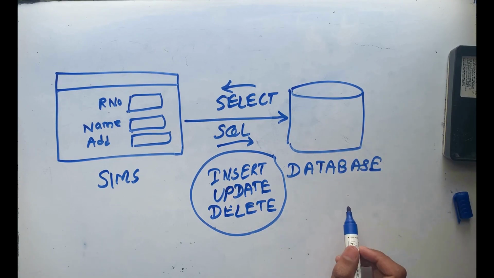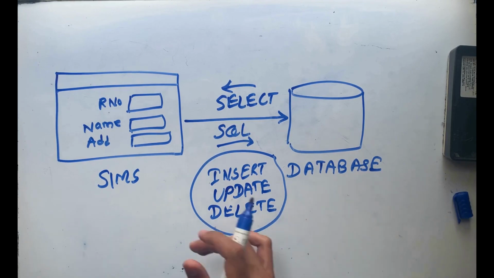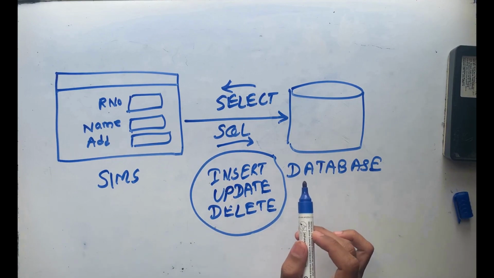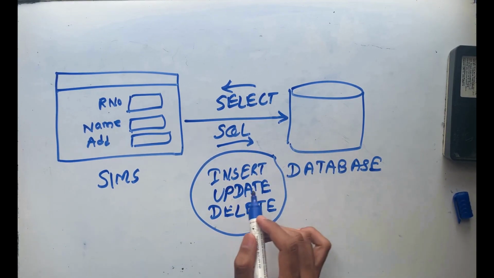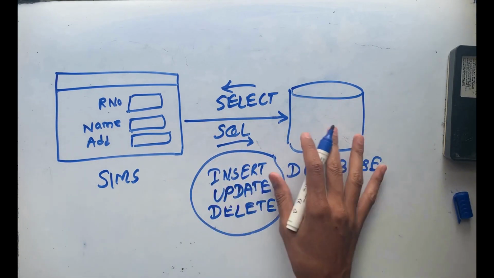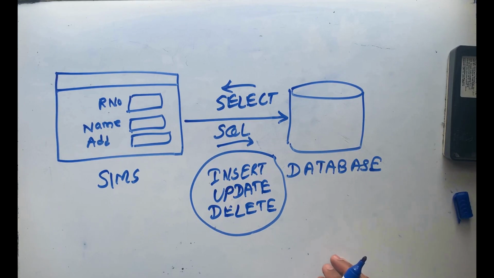As we have seen, SQL is the interface between the application and the database, which is used to communicate with the database. There are insert, update, delete queries or select queries, with the help of which we can manage the database.